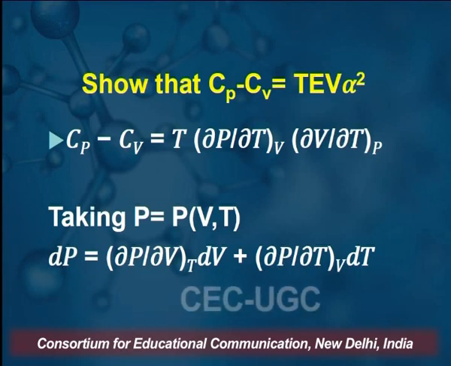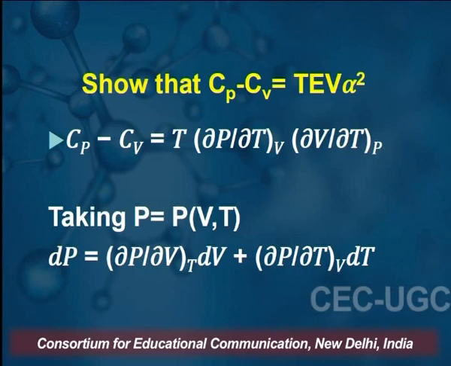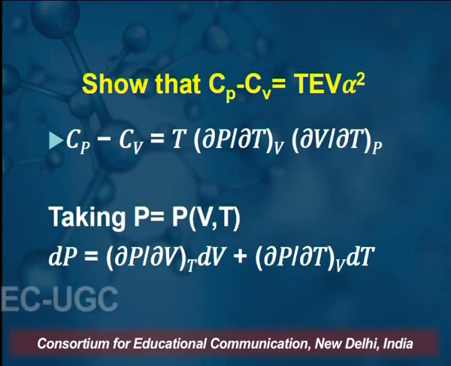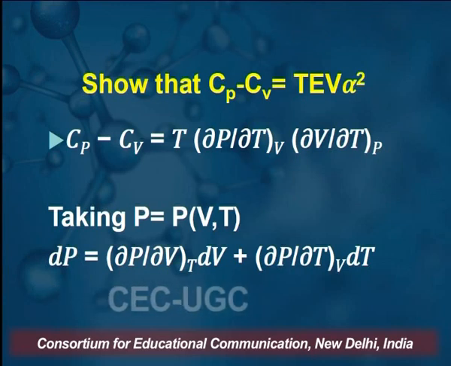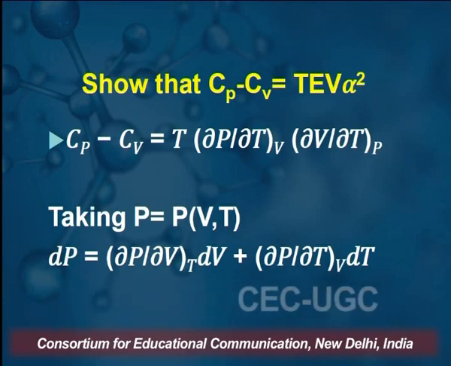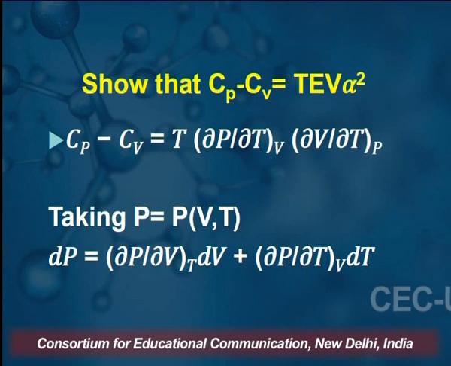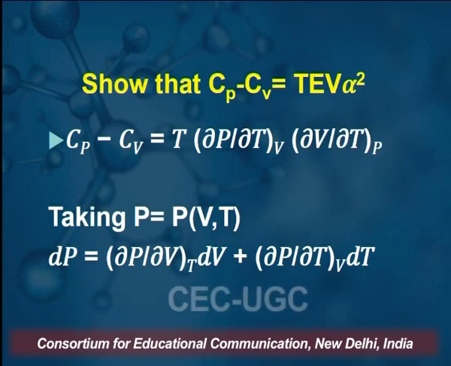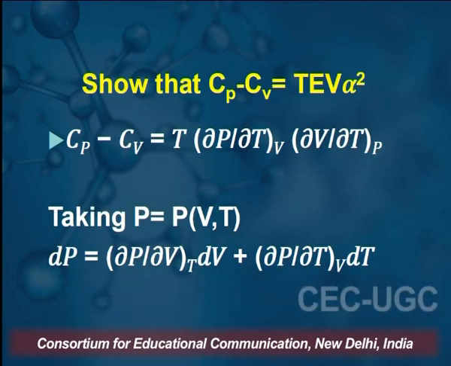That is, P is equal to P of volume comma temperature. This would mean that dP is equal to delta P by delta V at constant T into dV plus delta P by delta T at constant volume into dT.